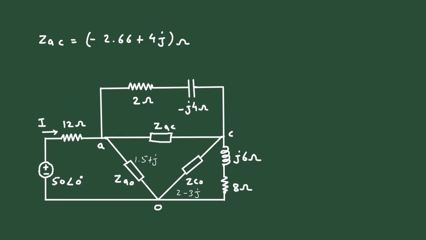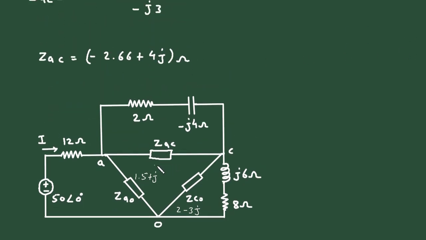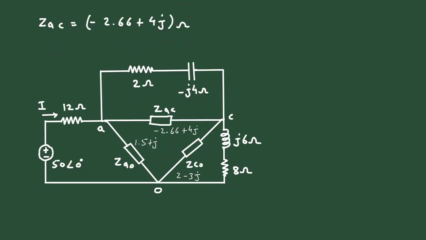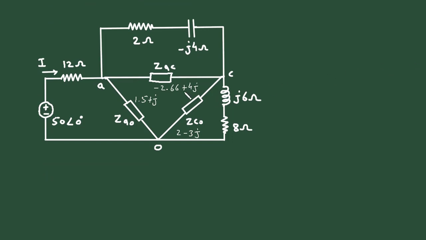And the value of ZAC is minus 2.66 plus 4J. So now we can easily simplify this. As we can see, these two are in parallel. Also, these two are in parallel and both are in series. So let's simplify the circuit and find the value of ZEQ.